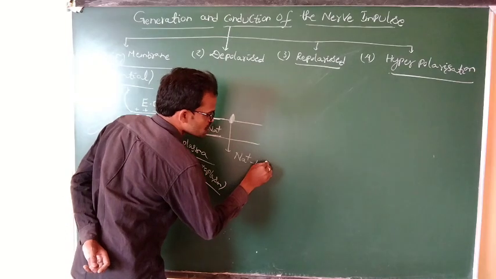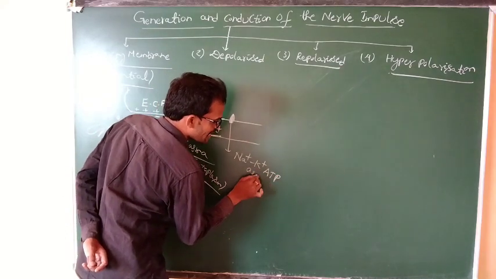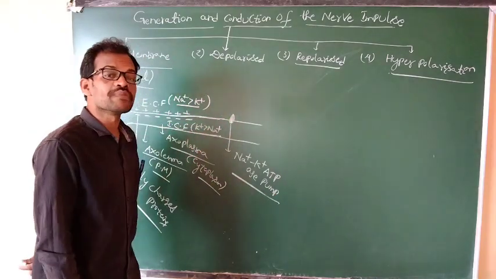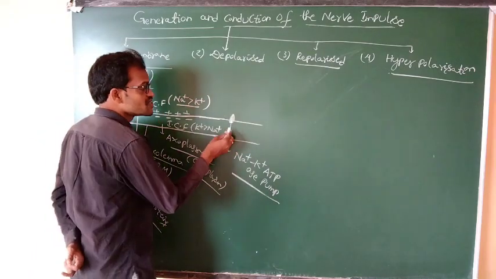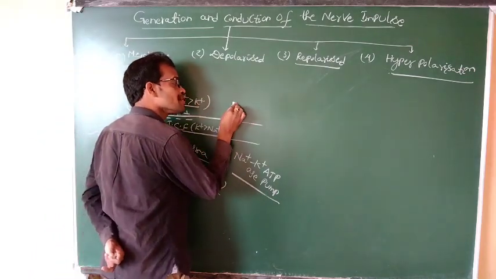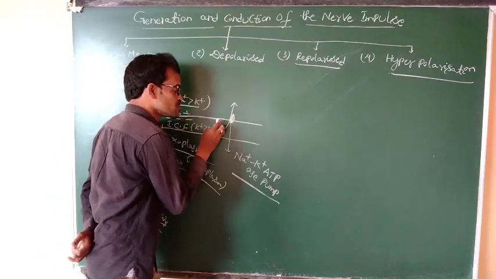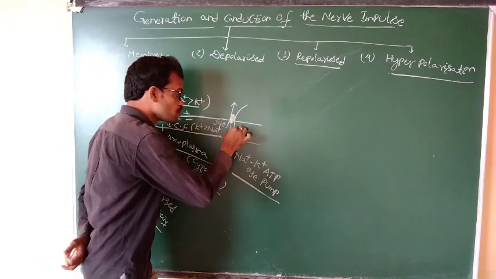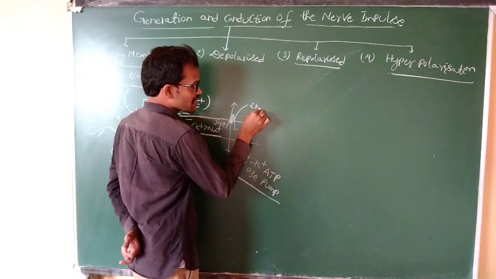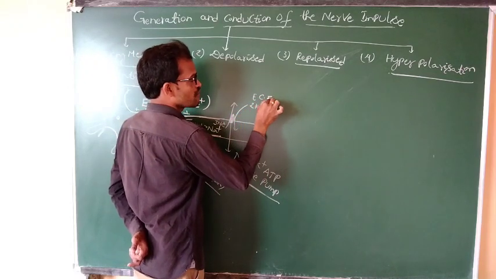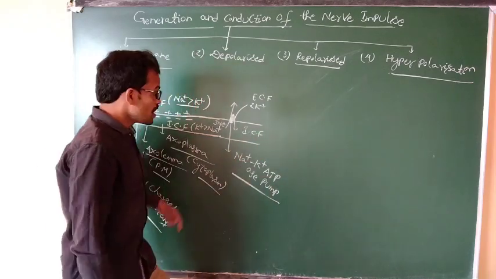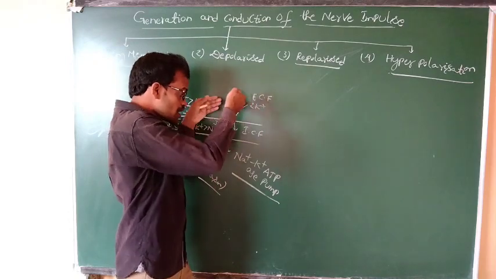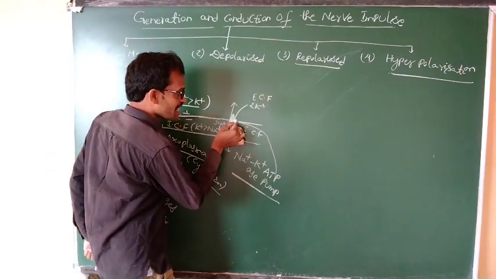Three sodium ions move from the inside to the outside, the extracellular fluid. Two potassium ions move from the outside to the inside, the intracellular fluid, with the help of ATP molecules.